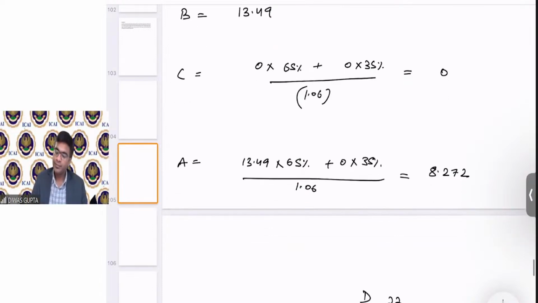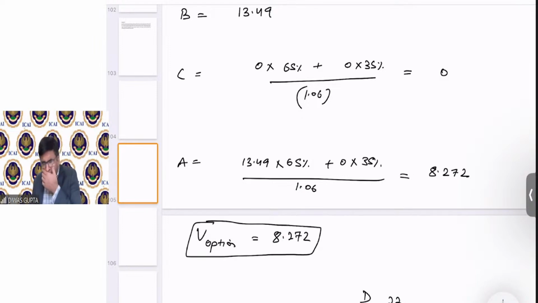So the value of the option becomes 8.272.